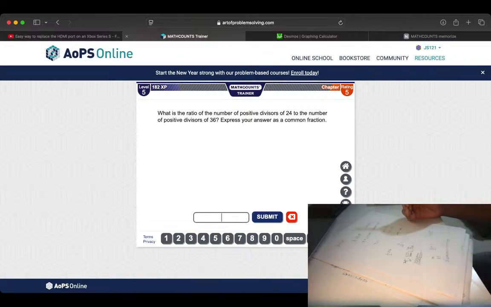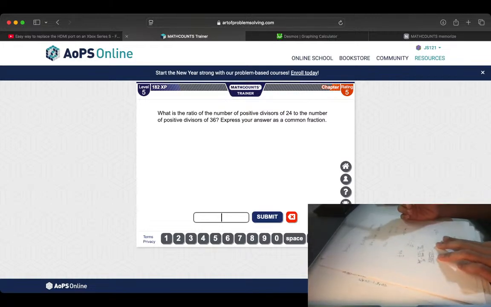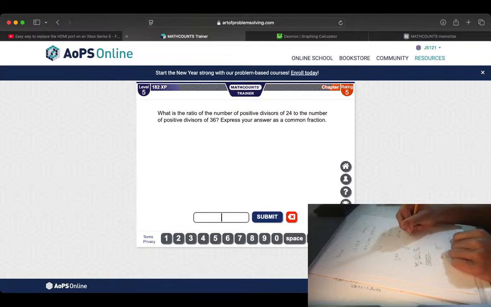This is the ratio of the number of the positive divisors of 24. So divisors of 24 include 1, 2, 3, 4, 6, 8, 12, 24.